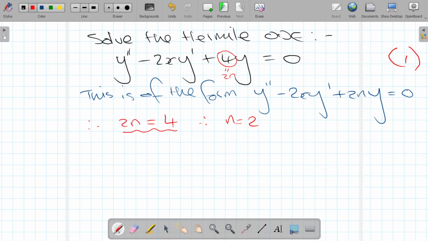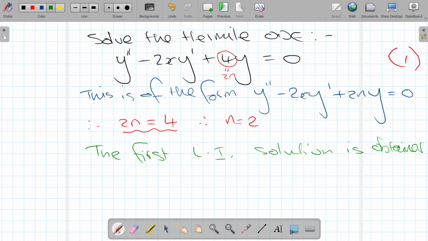Let's write this down. The first linearly independent solution is obtained. It's not very clear writing, but many apologies.